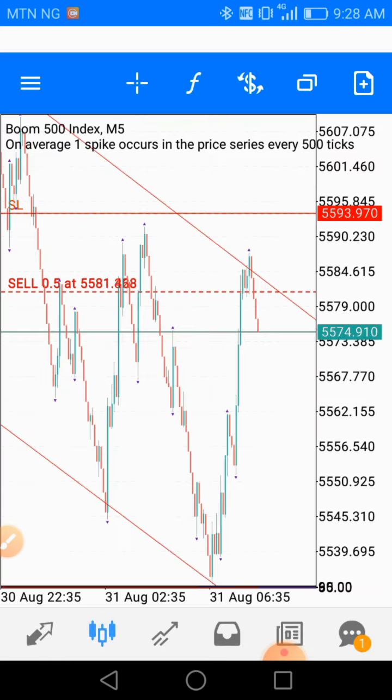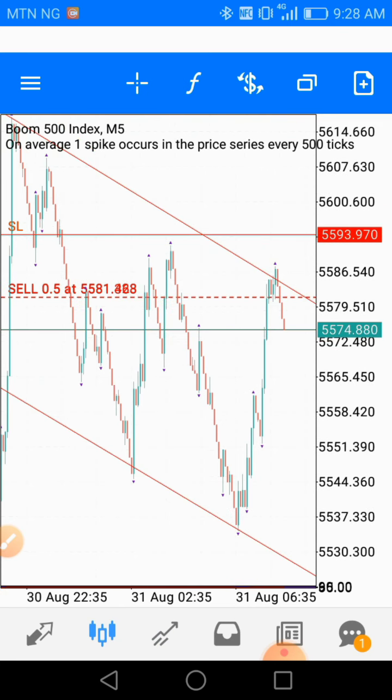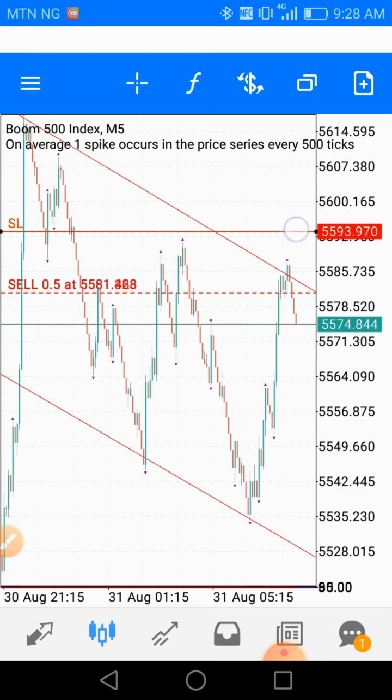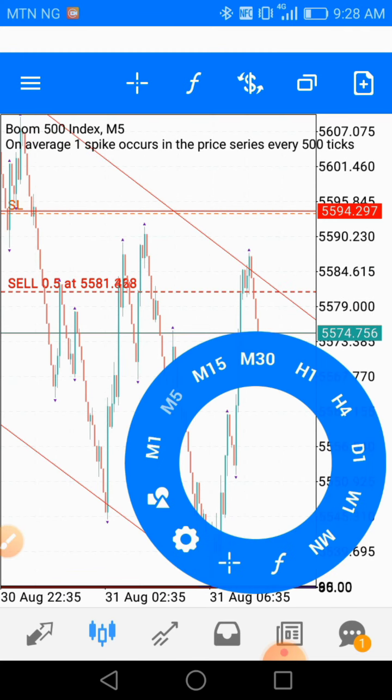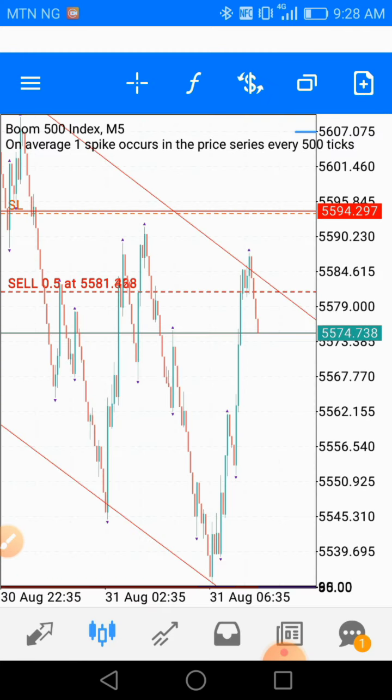Now if you want to set your TP, the same thing applies. Let's delete this first, or you simply put another one wherever you want to put your TP. I'm going to TP here for the first 2 trades. At the close of the 15-minute candlestick, I can decide to take more trades.